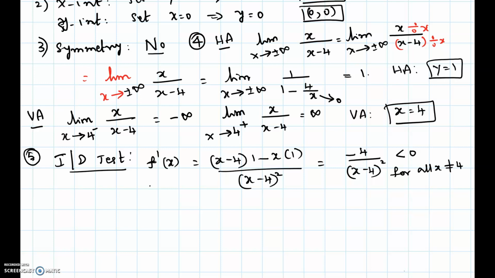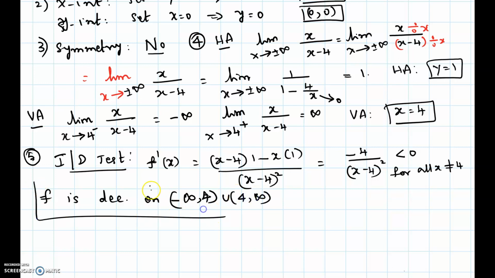Note that earlier we made a mention of 4 not being in the domain. So it's always negative for all values in the domain. So we have to say f prime is negative, f is decreasing on negative infinity to 4 and then 4 through infinity.